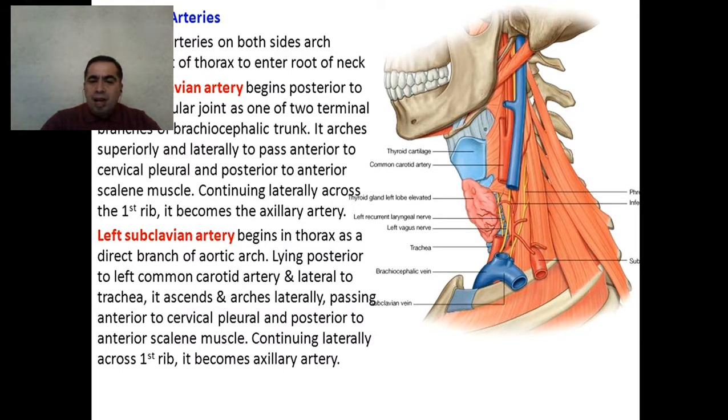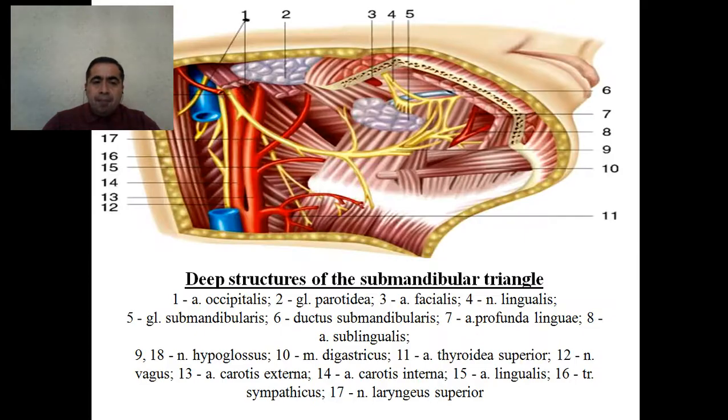The left subclavian artery begins in the thorax as a direct branch of the aortic arch. Lying posterior to the left common carotid artery and lateral to the trachea, it ascends and arches laterally, passing anterior to the cervical pleura and posterior to the anterior scalene muscle. Continuing laterally across the first rib, it becomes the axillary artery.